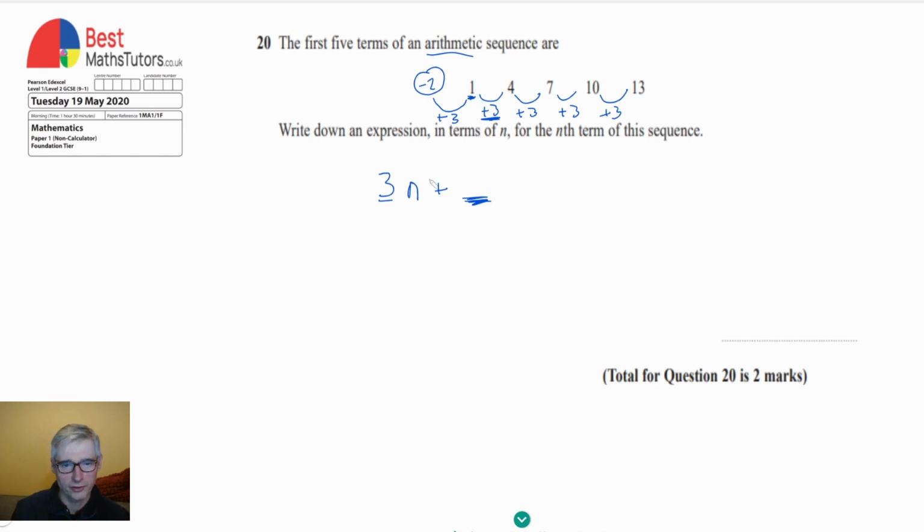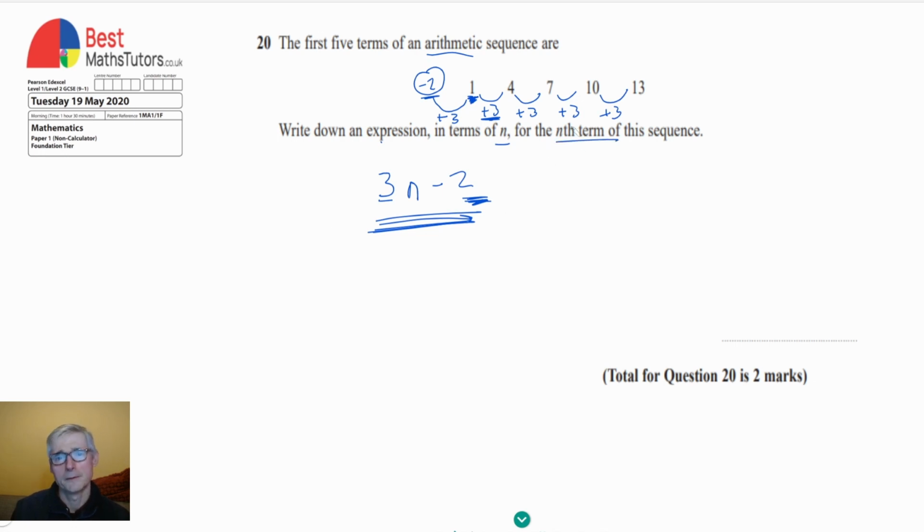So that means I'm going to be subtracting 2. So that term before the first term in the sequence as it's written is what we have to add on to our expression. So that's our expression in terms of n for the nth term in the sequence.